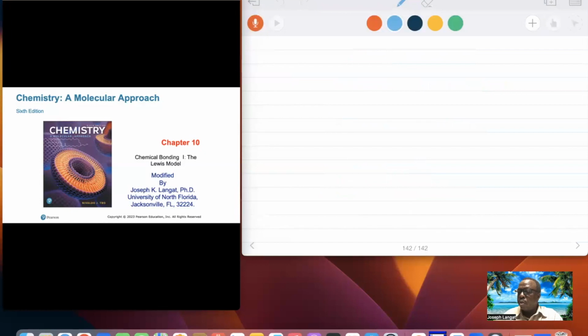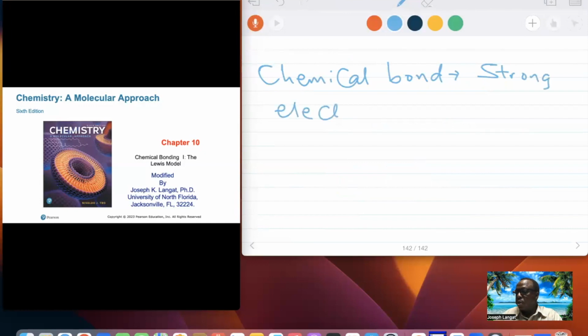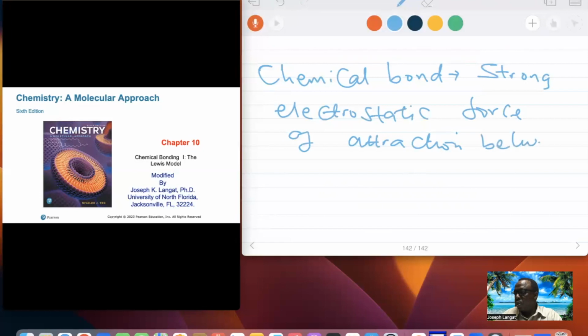A chemical bond is simply defined as a strong electrostatic force of attraction between two or more atoms, or just a strong electrostatic force of attraction between atoms.